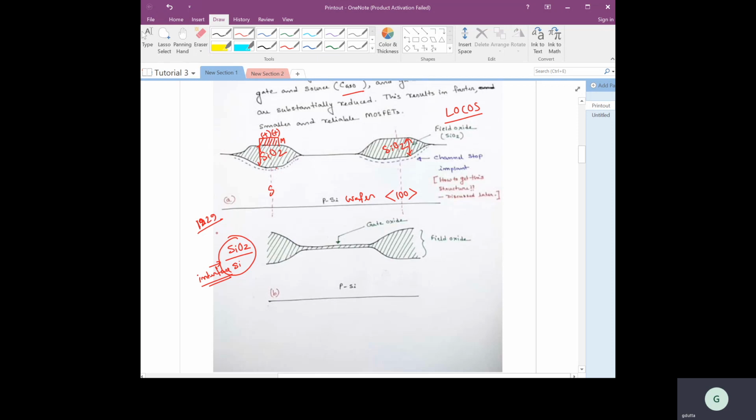However, the actual MOSFET demonstration was in the 1960s. So why was there so much gap between the theory prediction and its demonstration? That was because it was so challenging to get this interface proper, or to make this interface near to perfect, right? So until and unless you have this interface good, your MOSFET will not work.